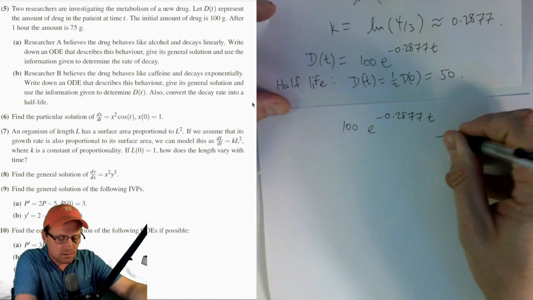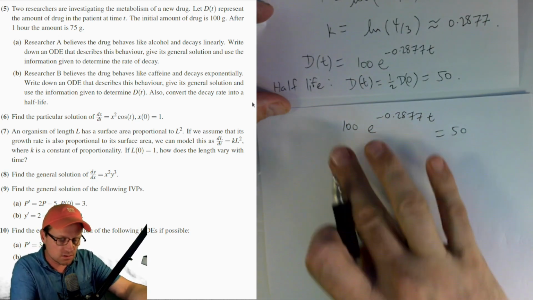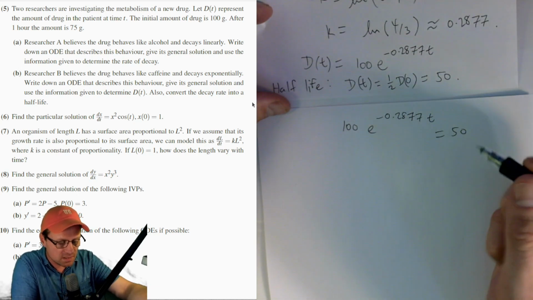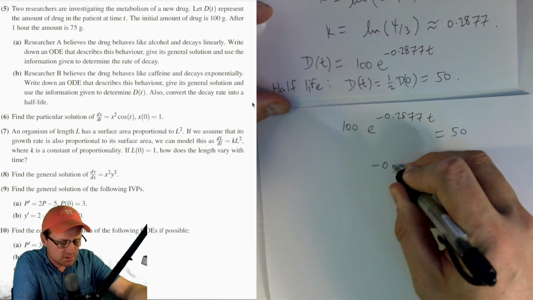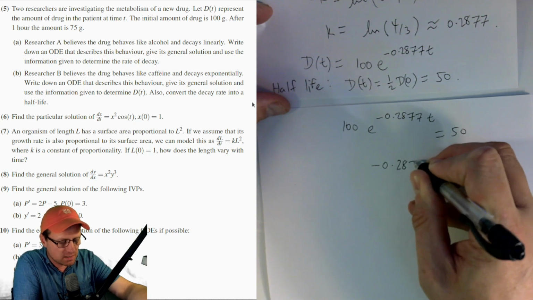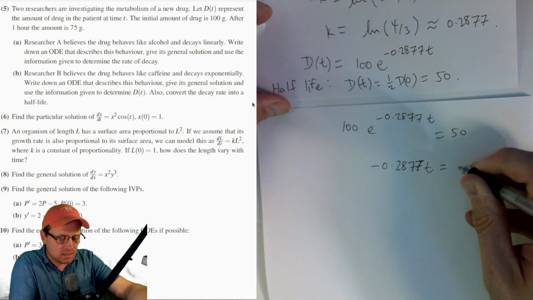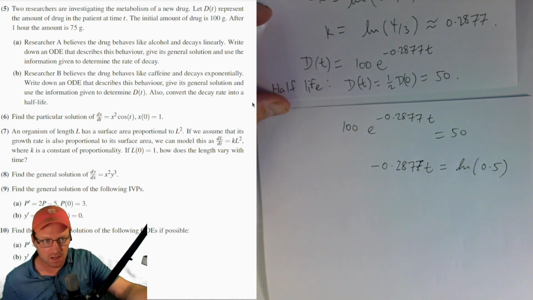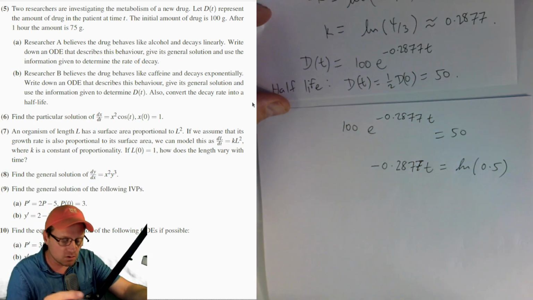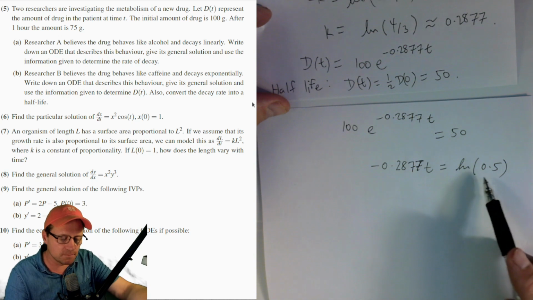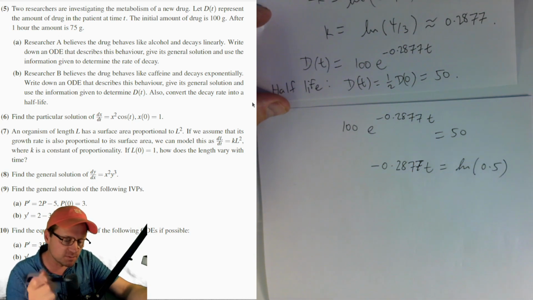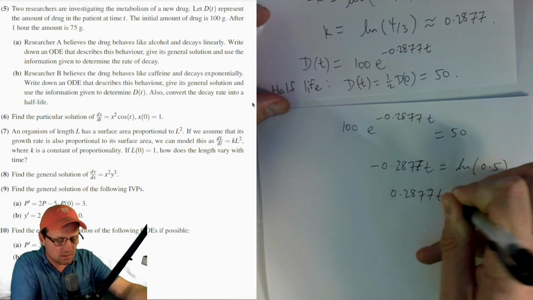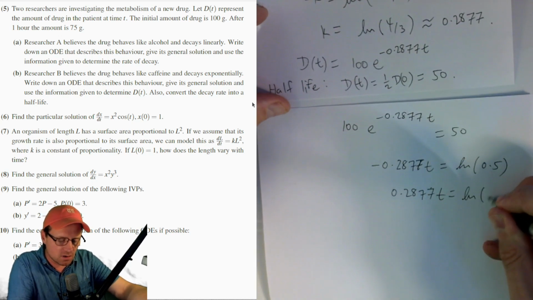And so this would say 100 e to the minus 0.2877t is 50. Dividing both sides by 100 and taking the natural log, we have minus 0.2877t equals natural log of 0.5, or 50 over 100. Multiplying both sides by minus 1 and bringing that up into the exponent, we have 0.2877t is equal to the natural log of 2.